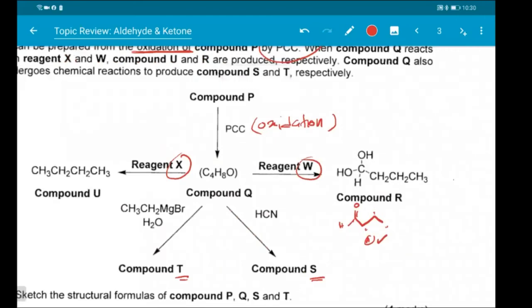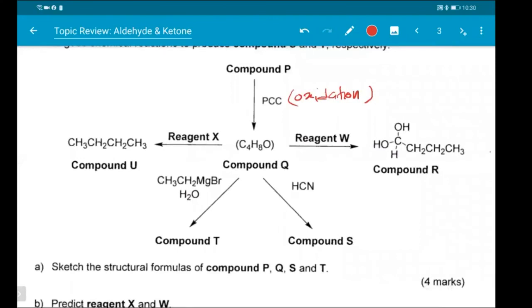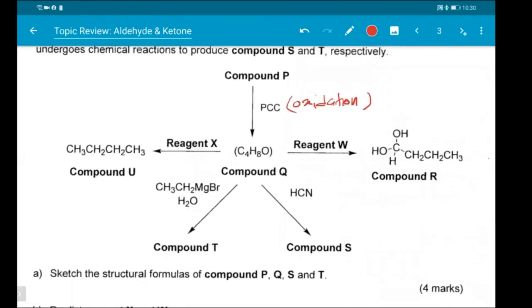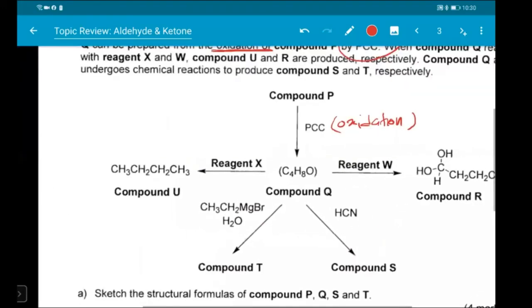Alright, so guys, let's take a look whether we can identify the name for each reaction. Alright, compound Q also can use chemically to produce compound S dengan T. Okay, saya pergi yang paling simple dulu.